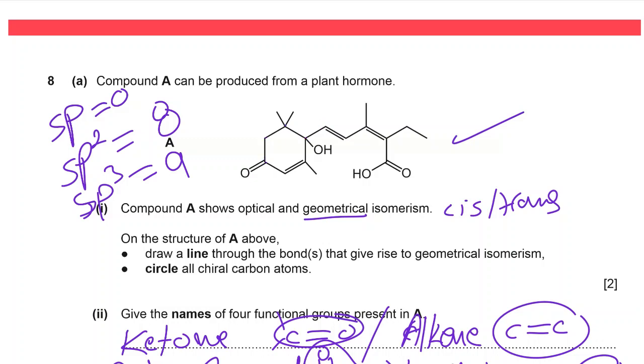Your compound will be broken from this part. So this part between these two lines, 1, 2, 3. So here, the first one will be this one, with OH, and this one O. So this one is C3, 1, 2, 3.